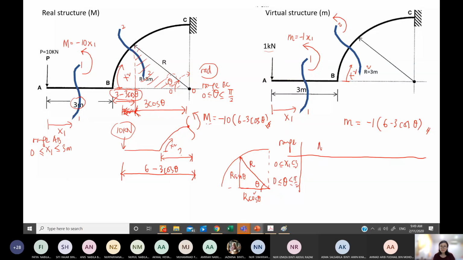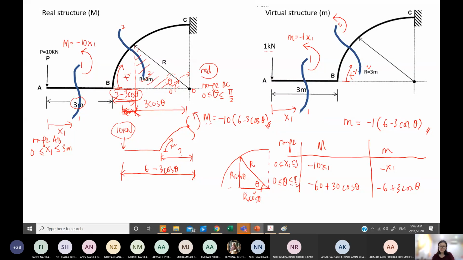And this big M for this section is negative 10x1. Small m will be equal to negative x1. And then this one, you can come out later with negative 60 plus 30 cos theta. And you can simplify here to negative 6 plus 3 cos theta.